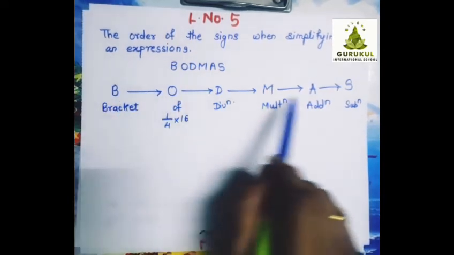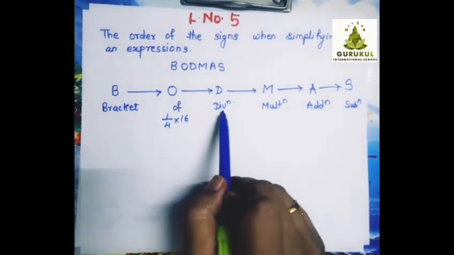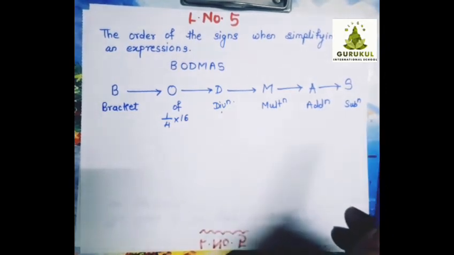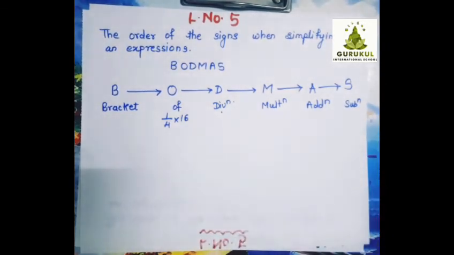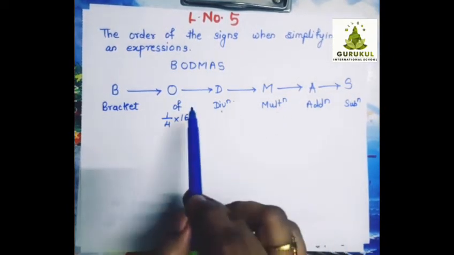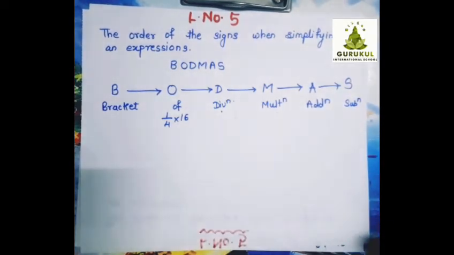Left to right means this direction: bracket solve, then of, then you have to go for division, then multiplication, addition and subtraction, correct? If both are given, then whichever comes first in the order, division, multiplication, addition and subtraction, you have to go for that.